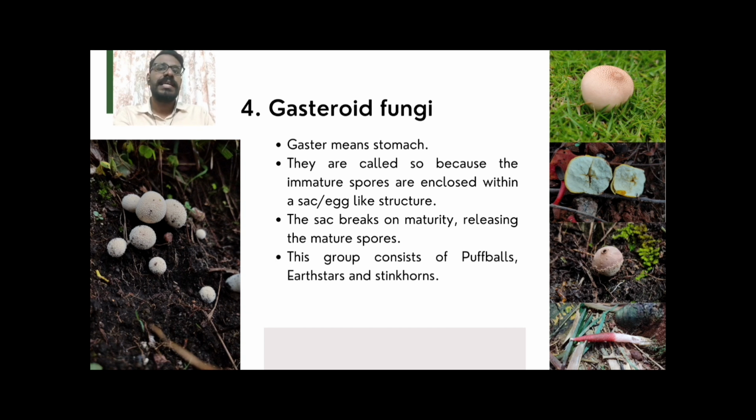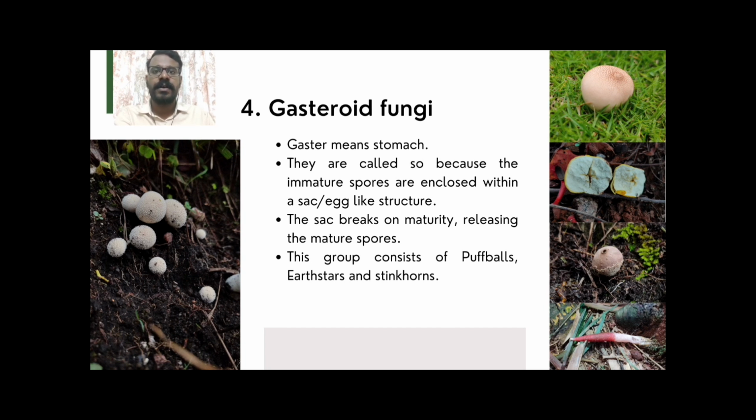You can also see that the stinkhorn mushrooms are also a form of gasteroid fungi because initially they start from an immature sac-like structure enclosing the immature mushroom and spores, and later this sac-like structure ruptures and a phallic structure is formed with spores at the apex.